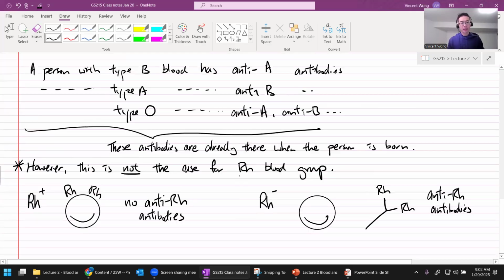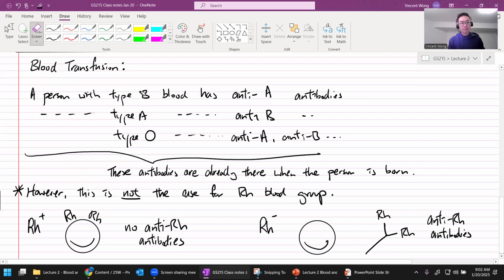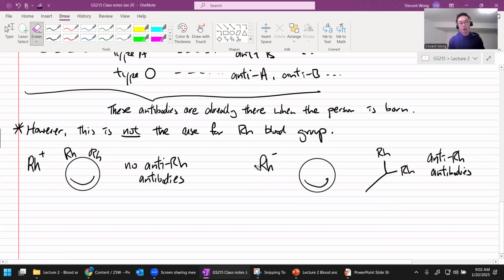Just like over here, if you are type B, you are not going to make anti-B antibodies because it will attack yourself. So you make anti-A. You make antibodies for things that you don't have. So that's why only negative people will make anti-RH antibodies. Okay, for those of you who chose the wrong answer, do you understand now? Follow-up questions?